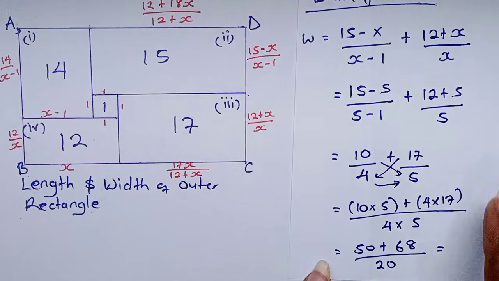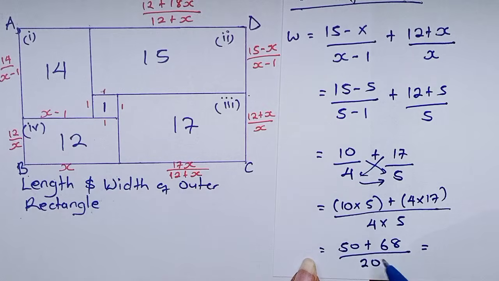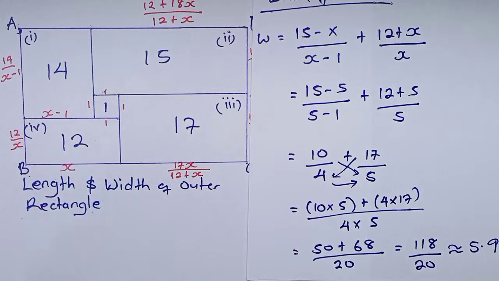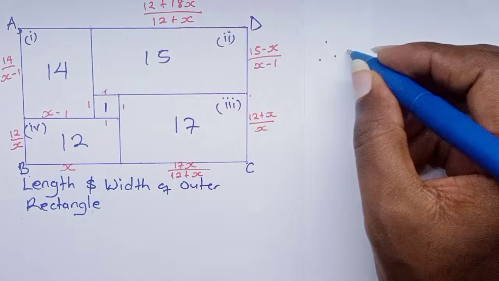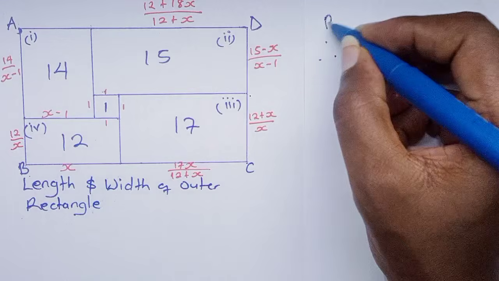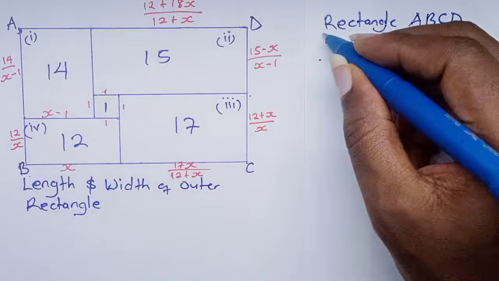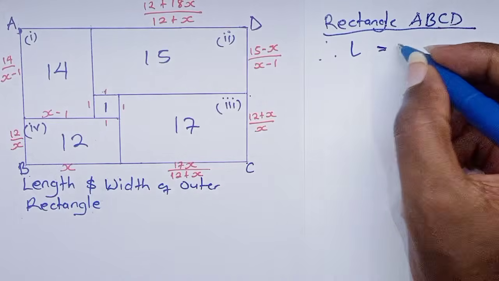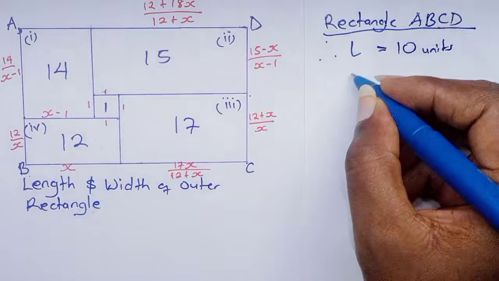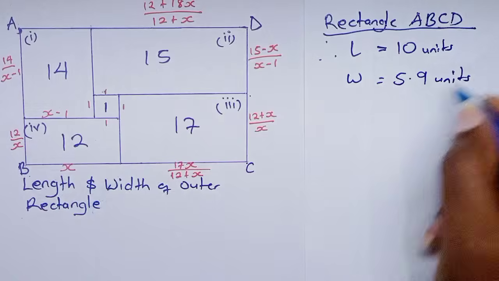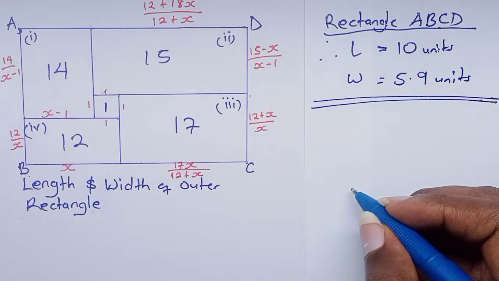So this is equal to 50 plus 68 gives us 118 over 20, which is approximately equal to 5.9. So this implies that for rectangle ABCD, our length is equal to 10 units and our width is equal to 5.9 units, and this is what they wanted us to find.